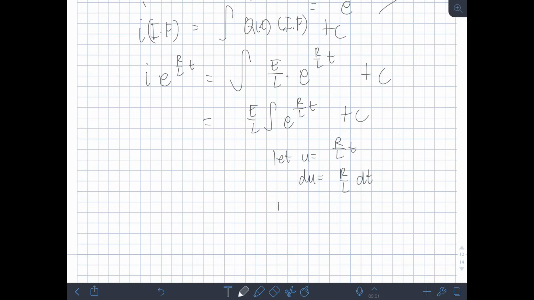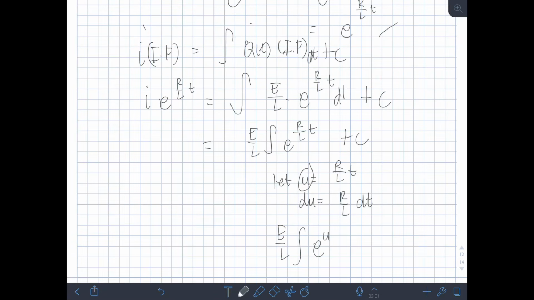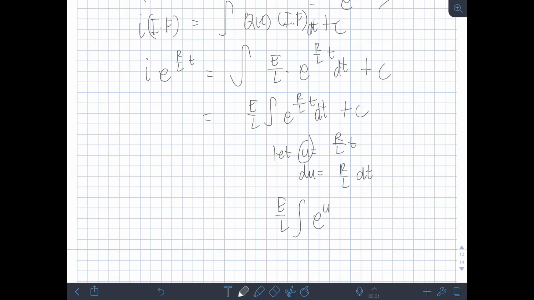So we have E over L times the integral of E raised to R over L T, which we replace with U. Sorry, I forgot to put dt here; everything should have a dt. Our dt becomes L over R du, by cross multiplication. So we substitute this L over R du for the dt.